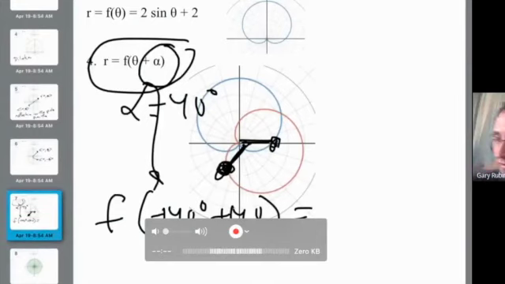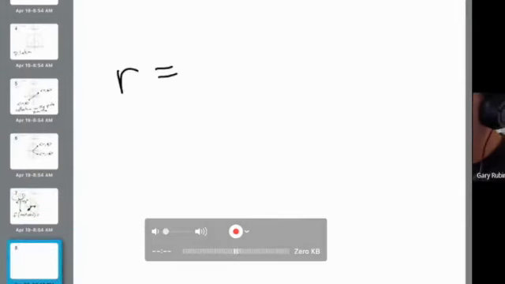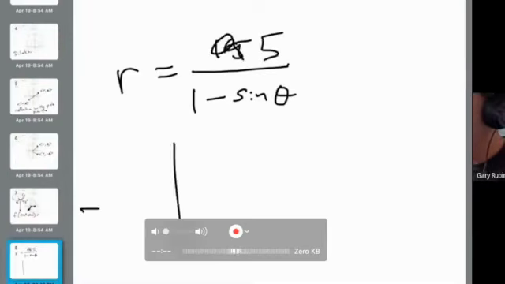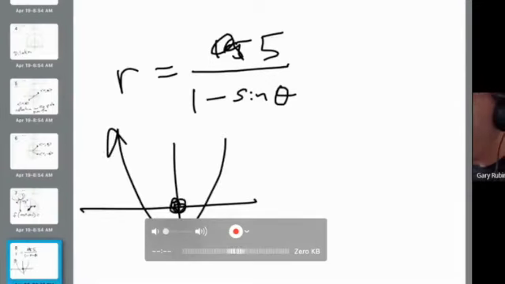So that's pretty interesting, because that means that you can take even a really complicated graph like r equals 15 over 1 minus sine theta, that, you might remember, was a parabola with focus at 0, 0 and directrix at y equals -5.